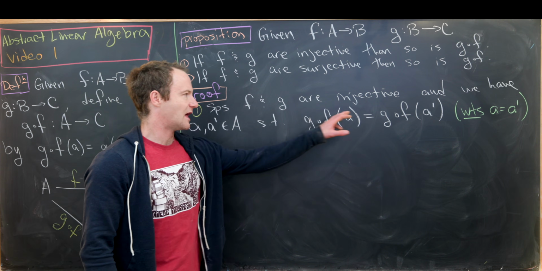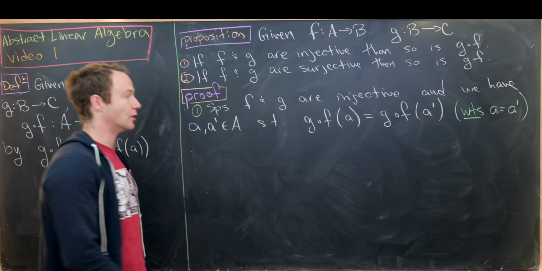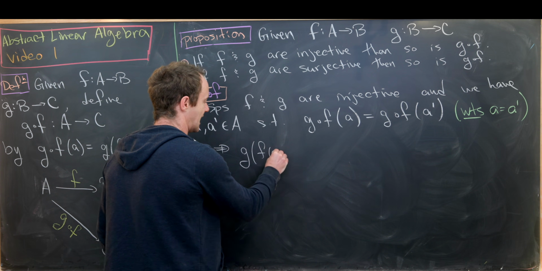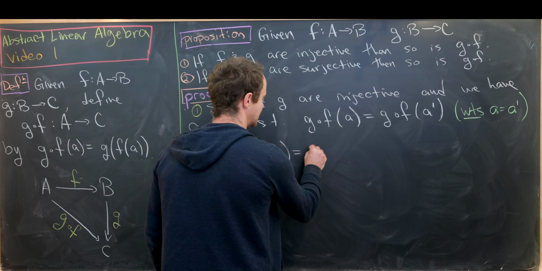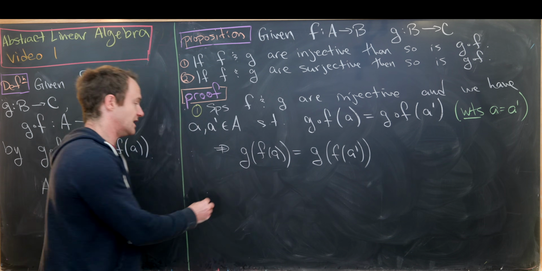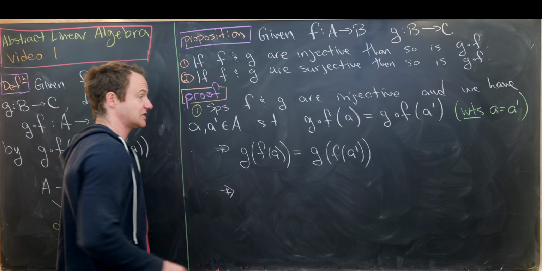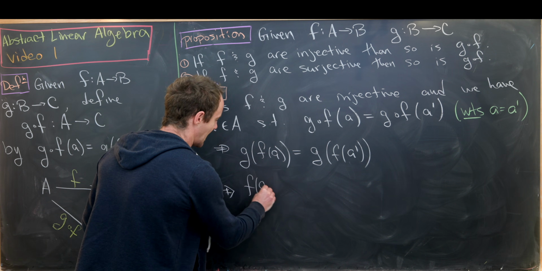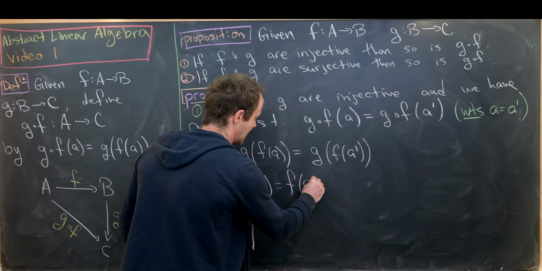So now let's apply the definition of composition to both of these. That's going to tell us that g evaluated at f evaluated at a is the same thing as g evaluated at f evaluated at a prime. That's by definition of composition. That's why we can do that step. Then we have f of a equals f of a prime.